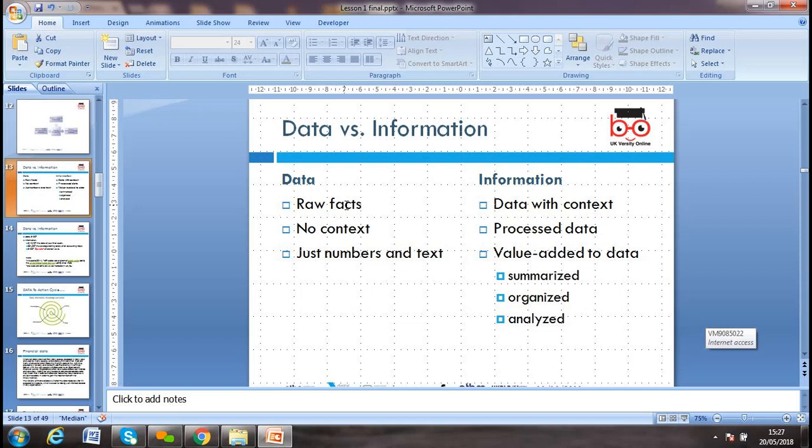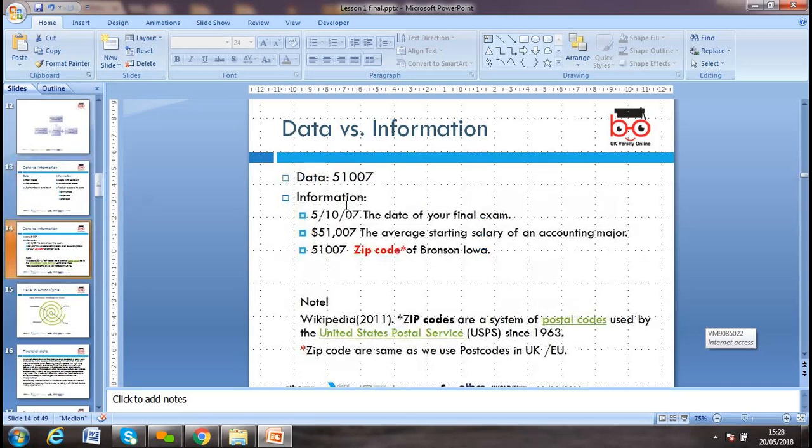If we just write 10 million and do not write what the 10 million means, it is just a raw fact and a raw figure. It can be expense, it can be anything else as well. So when data has context, it becomes information. Like here, data can be 51007 and information is the 5th of the 10th, whatever, that's the date of your final exam. That could become information.